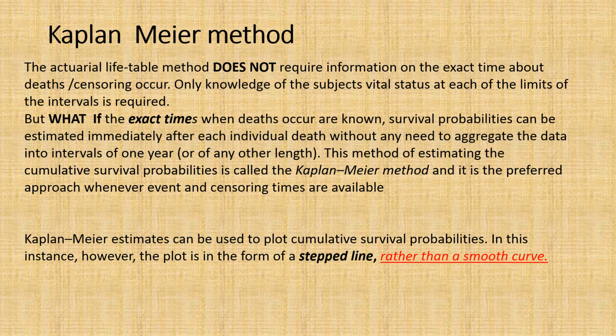Survival probabilities can be estimated immediately after each individual death without any need to aggregate the data into intervals for 1 year, right? That is a key for Kaplan Meier method.